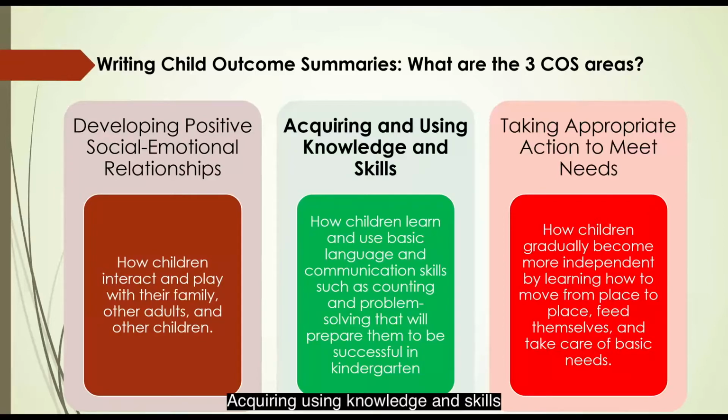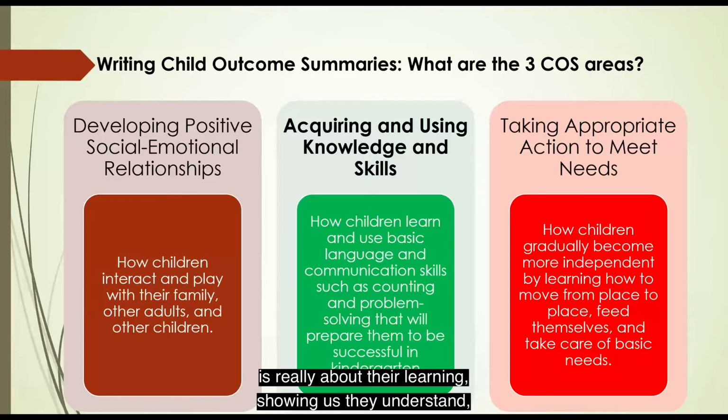Acquiring and using knowledge and skills is really about their learning, showing us what they understand, how they analyze new information. Is it visual, tactile, oral? Do they bang stuff together? Do they watch and learn by others, or do they really like to jump in and explore on their own and aren't interested in seeing what other people are doing?